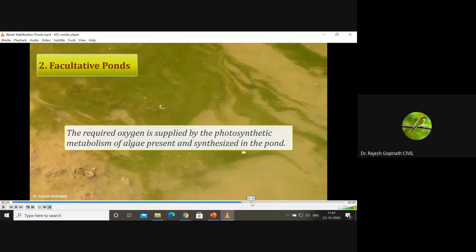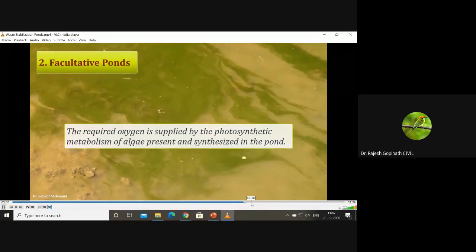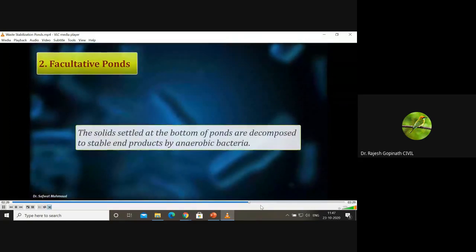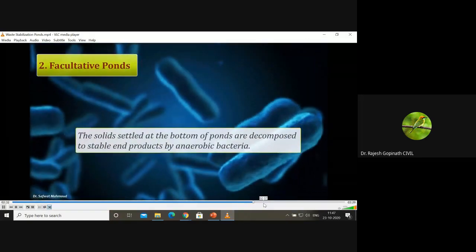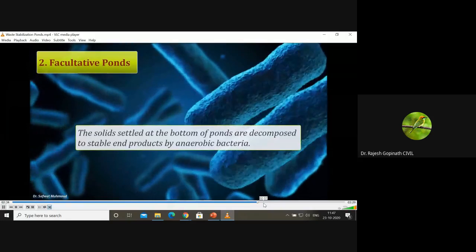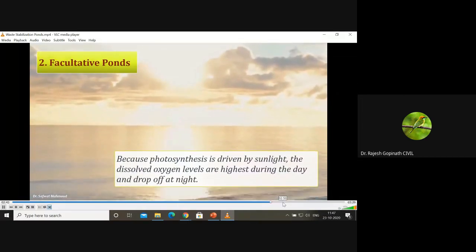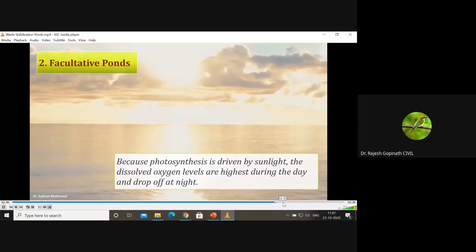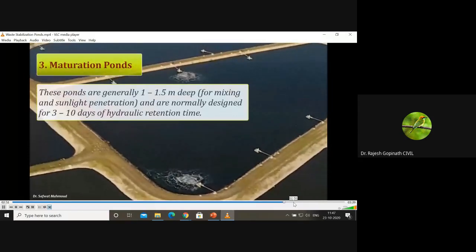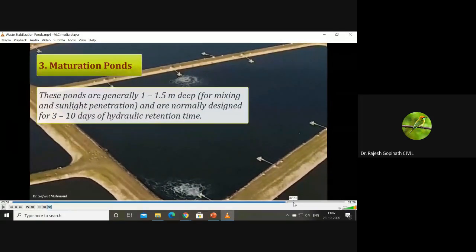The green layer, what you see, is the algae. Please note that this comes at the end of all other treatments. This is a polishing treatment, and this is essentially to remove certain nutrients and to remove the pathogens.